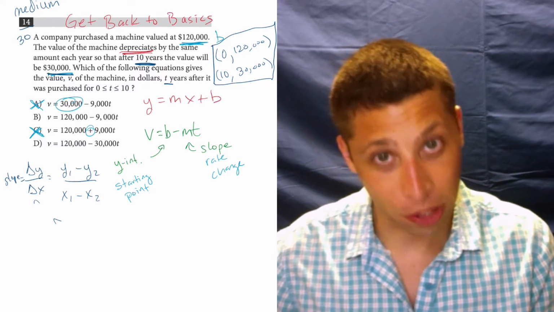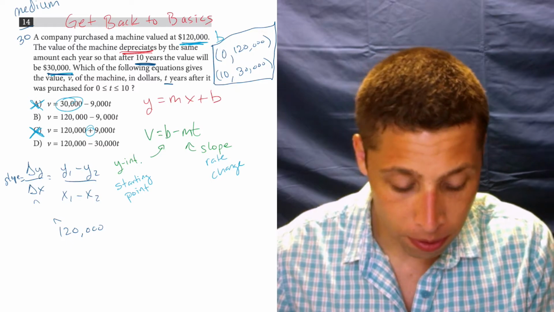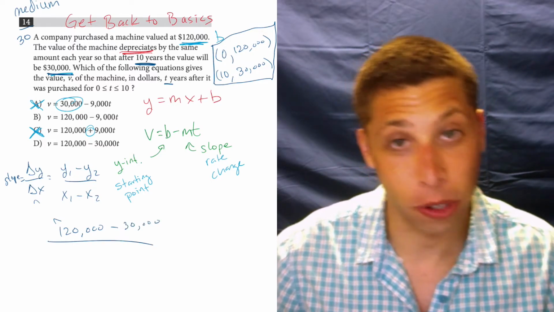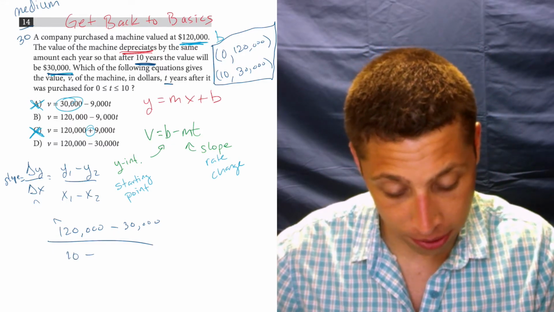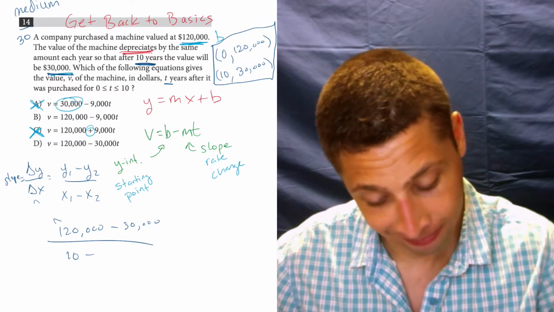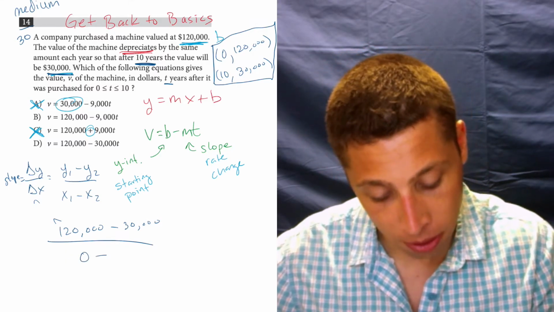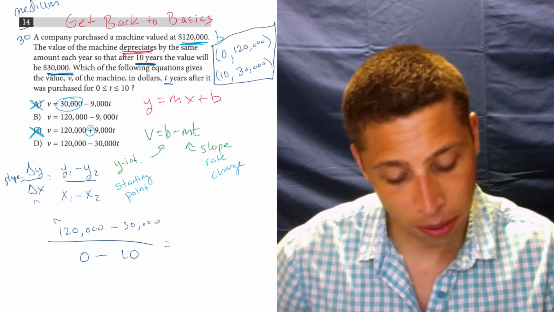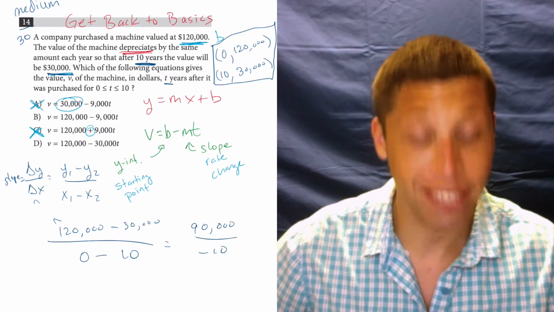You probably see where it's going, but I'm going to do it anyway. So that's 120,000 minus 30,000. I'm going to do it in that order so I don't have to deal with negatives. Divided by 10 minus, careful, I do have to deal with negatives, 0 minus 10. So 120,000 minus 30,000 is 90,000 over negative 10.